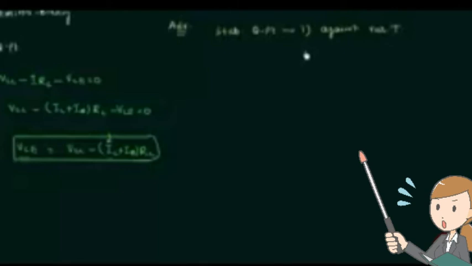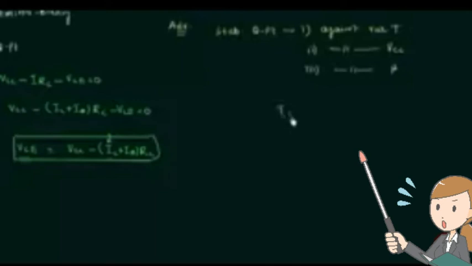This is the first advantage, and it also stabilizes the operating point against the variation of biasing voltage VCC. The third advantage is the stabilization of the operating point against the variations of beta.